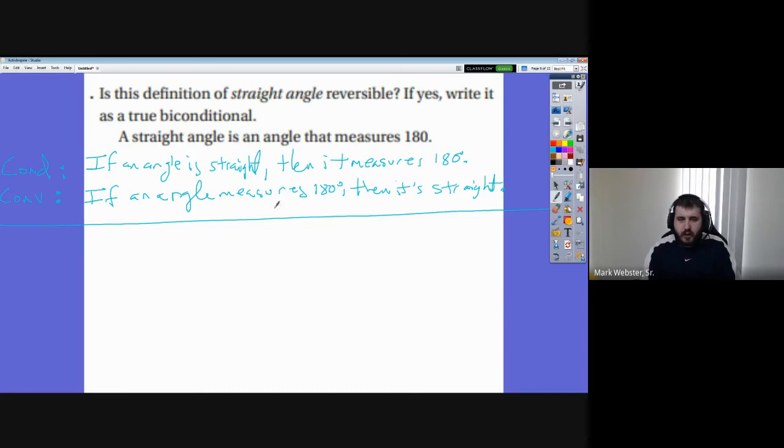These are what we were taught. So now we can write it as a biconditional. An angle is straight if and only if it measures 180 degrees. All right.